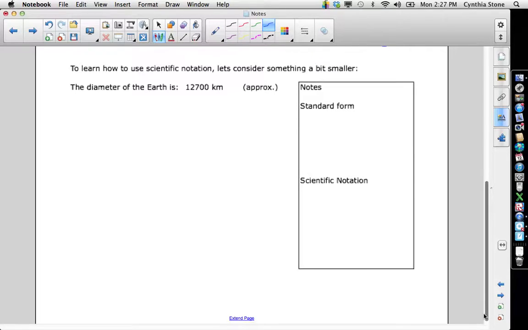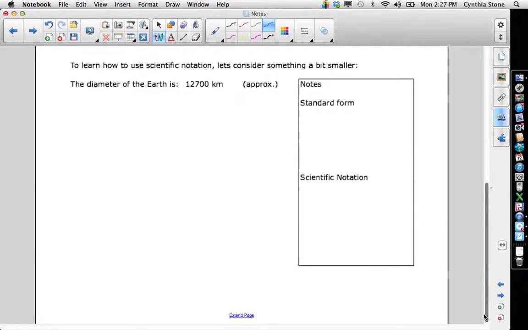Okay. So first of all, let's just deal with a smaller number. The diameter of the Earth is 12,700 kilometers. Often you wouldn't write a number like 12,700 kilometers in scientific notation, but let's do that because it's smaller for us to work with.